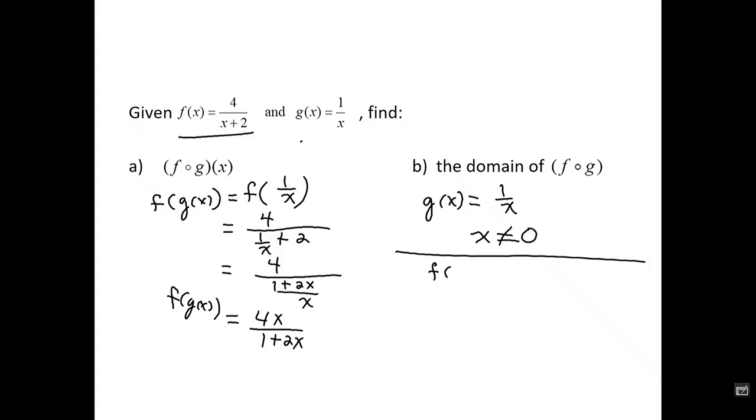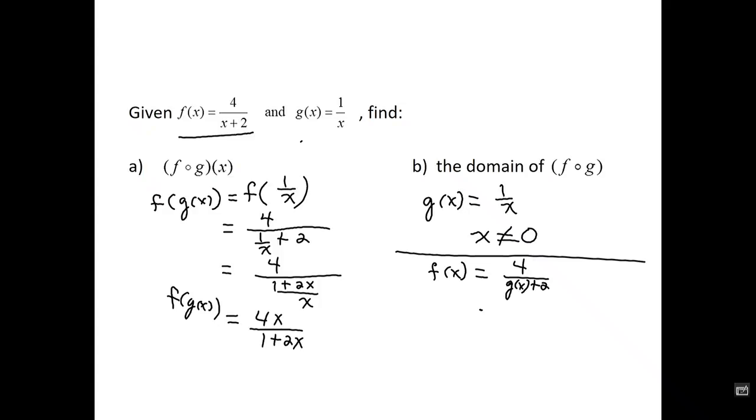F of x is 4 over x plus 2, but remember, the domain of f of x is going to come from g of x. So g of x plus 2.